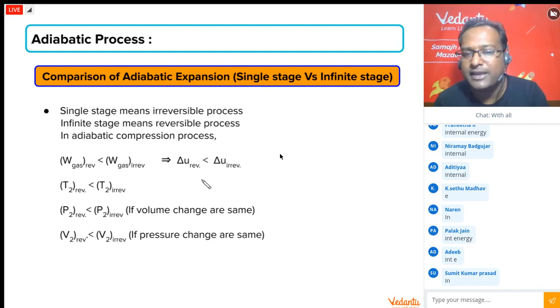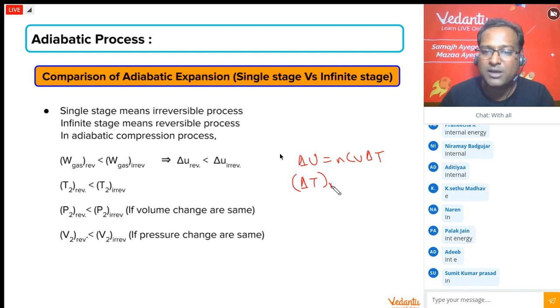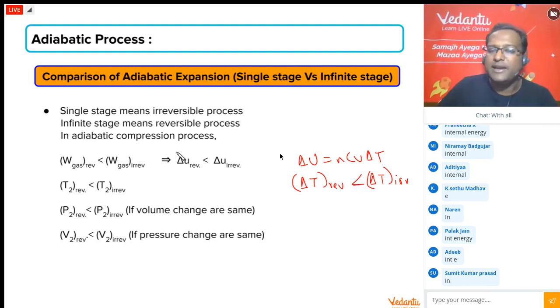Now, can I say therefore, because delta U is equal to nCv delta T, that delta T for reversible will be less than delta T for irreversible. Sorry, I wrote it wrong, it is T, not V. Now, do you remember adiabatic compression means adiabatic heating?